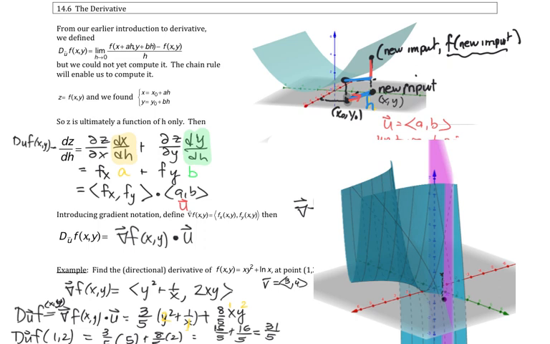Think of going 3 in the x direction, 4 in the y direction. So we'd be heading out in this direction. And that's what I've drawn here with this purplish plane, is where we would be on the surface heading out in that direction.